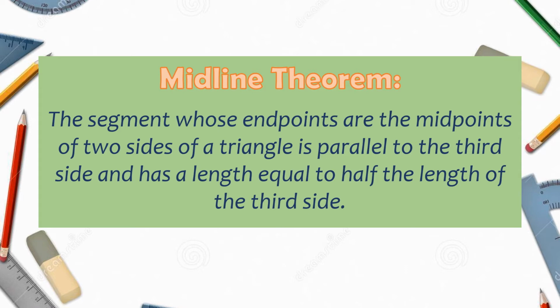At kapag ang dalawang midpoints ng isang triangle ay pinag-connect at sila ay parallel to the third side, ang length nito ay equal sa half ng length ng third side. So, para mas malinaw, gumamit tayo ng figure.